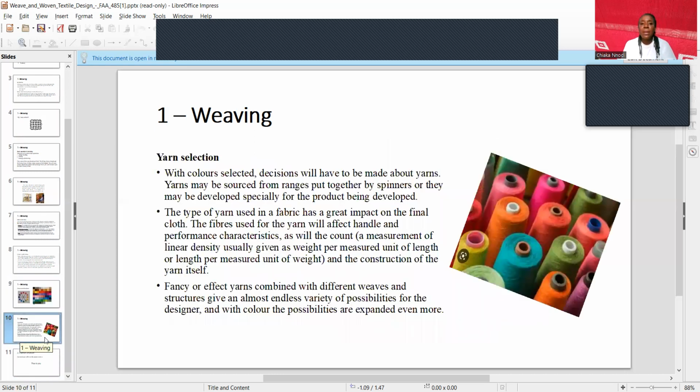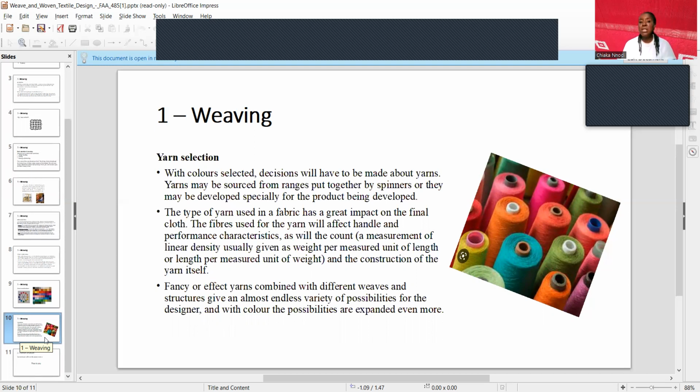And so now, yarn selection. With colors selected, decisions have to be made about yarns. Yarns may be sourced from ranges put together by spinners, or they may be developed specially for the product being developed. The type of yarn used in a fabric has a great impact on the final cloth. The fibers used for the yarn will affect handle and performance characteristics, as will the count.